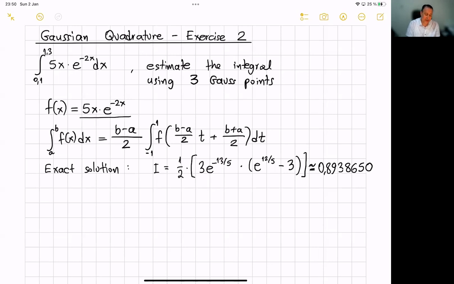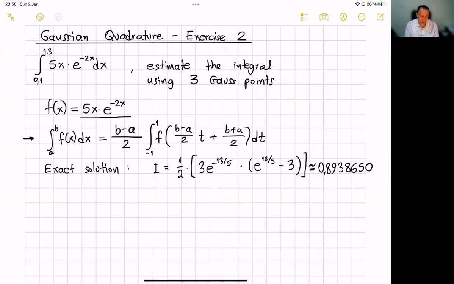In this case, since the integral is no longer over -1 to 1, we need to do a transformation. So the transformation is described here, where we move the interval from a, b to -1, 1 again, so that by doing this, we can apply the Gaussian quadrature normally.